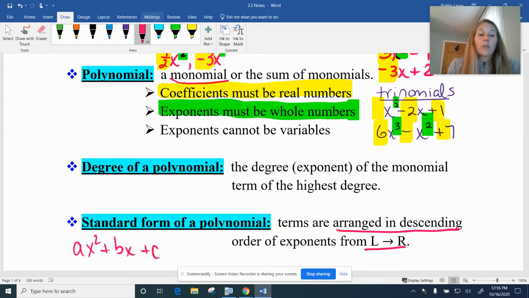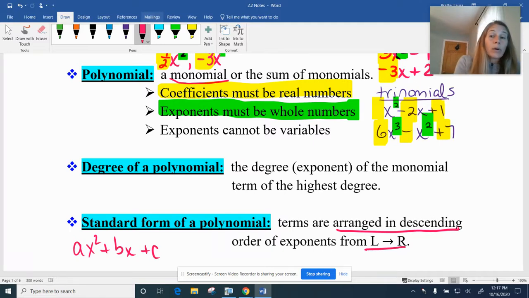It's the same thing here, but we may have other terms in front of the x squared, like an x cubed, an x to the 4th, x to the 5th, and so forth. But it would always have to start out with that highest degree first, and then working your way down in order. Then the degree of the entire polynomial would just be whatever that largest exponent is in your polynomial.